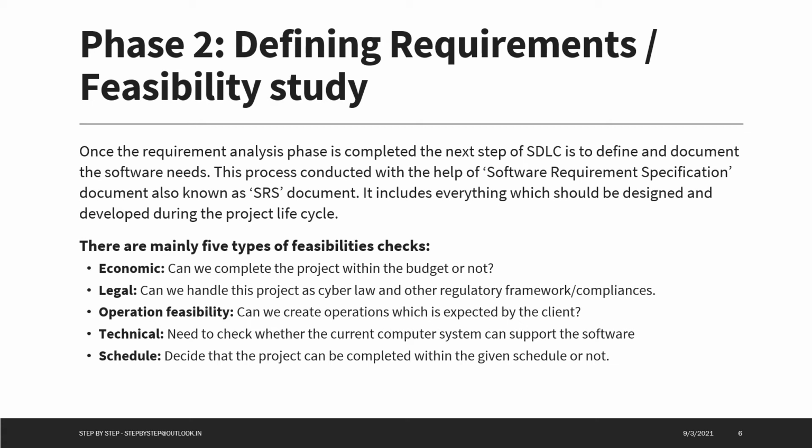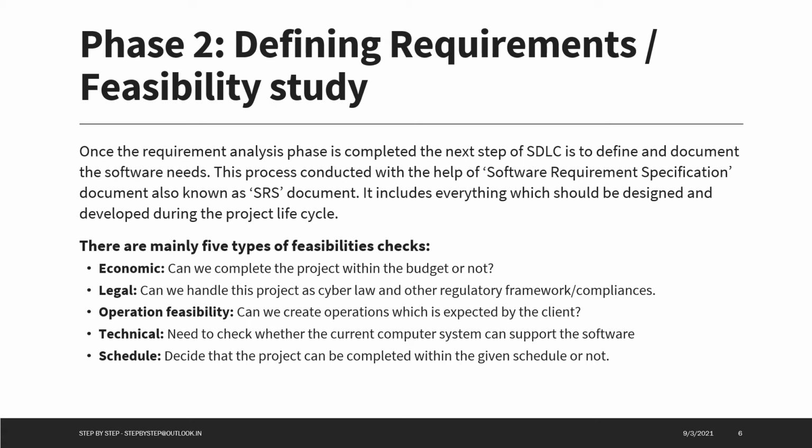Then operational feasibility. Can we create operations which are expected by the client? It is important to understand whether whatever we are building is meeting the customer expectation or not. Then technical: we need to check whether the current computer system can support the software.